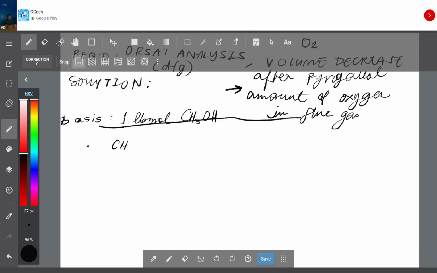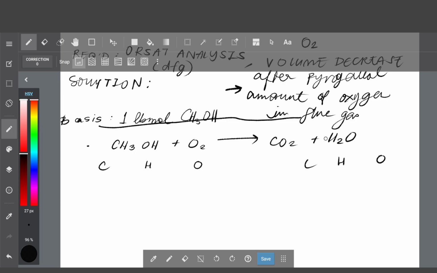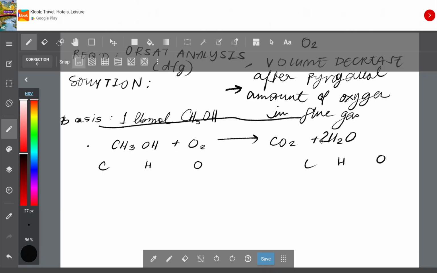Let's write the equation for the combustion. CH3OH plus O2 turns into CO2 plus H2O. Over here we have 4 H's, 4 hydrogens. So let's put a 2 in front of H2O. So now we have 4 hydrogens over here, 2 oxygens, 4. Okay, we need 3 here because there's only 1 here, so let's make it 3 over 2.